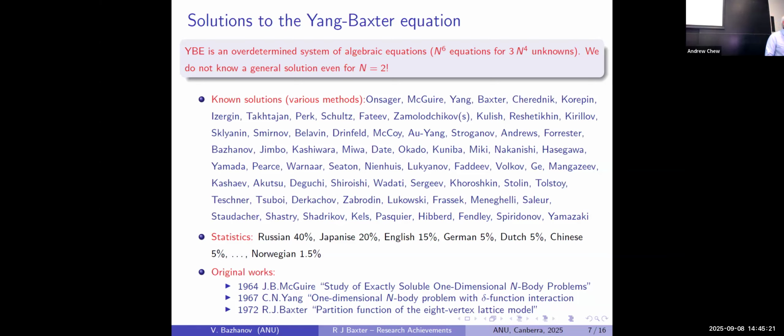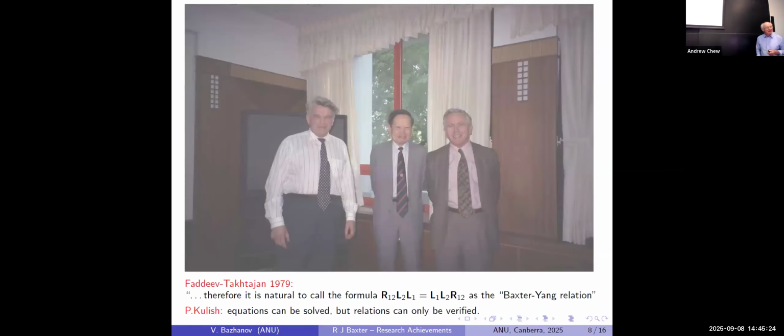Ludwig Faddeev, who is in the picture here together with Yang and Baxter, told me the story once that C. N. Yang approached him at a conference and asked, who invented the name Yang-Baxter equation? And Faddeev replied, that was invented in our paper with Takhtajan in 1979.